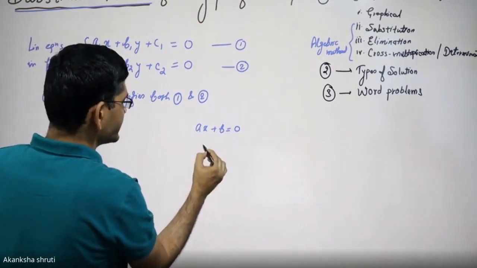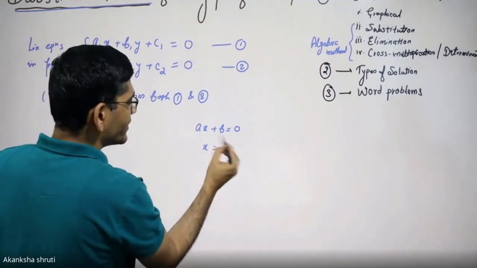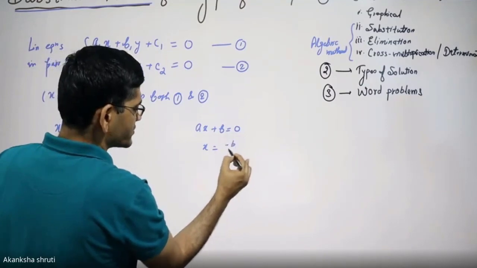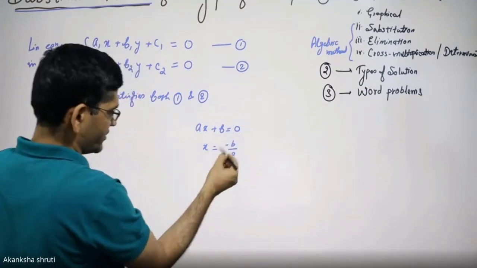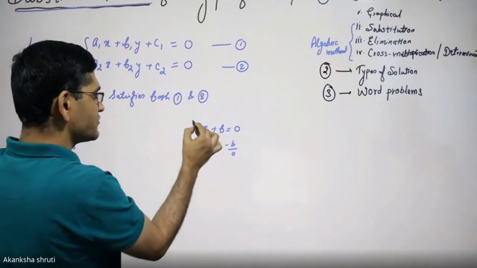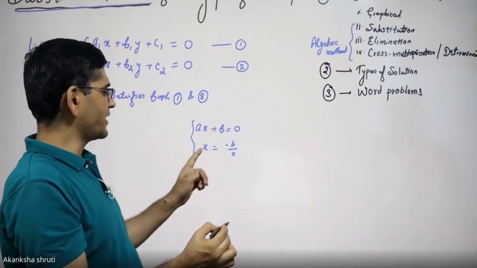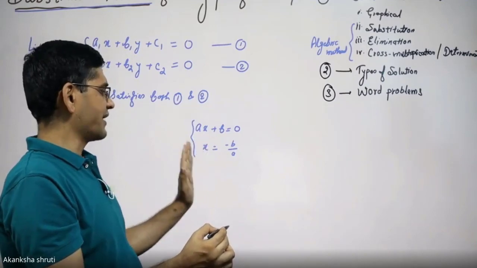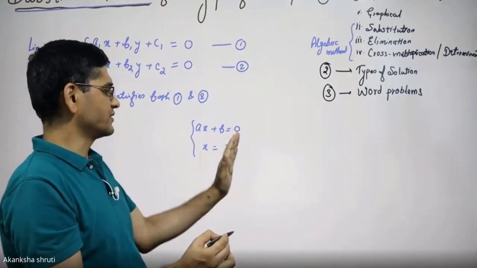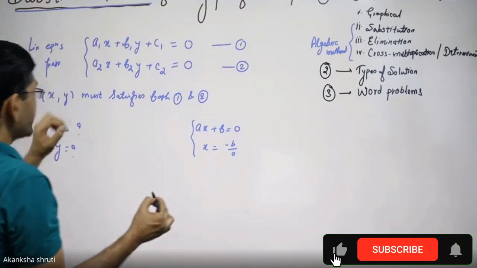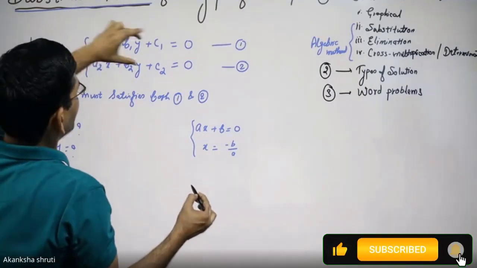For finding the value of the unknown variable, bring all the constants to the other side. That will give you the value of that variable. Linear equation in one variable can be solved simply by collecting the variable on one side and constants on the other side. But here we have variables at two places.